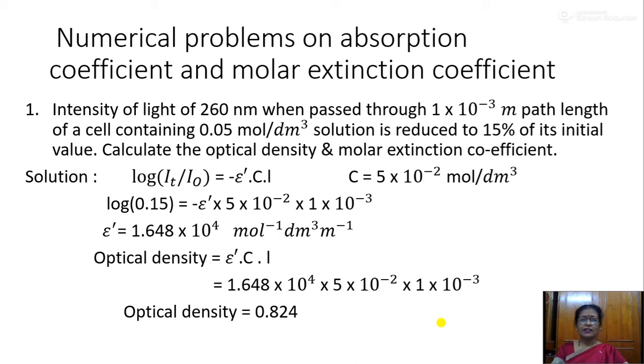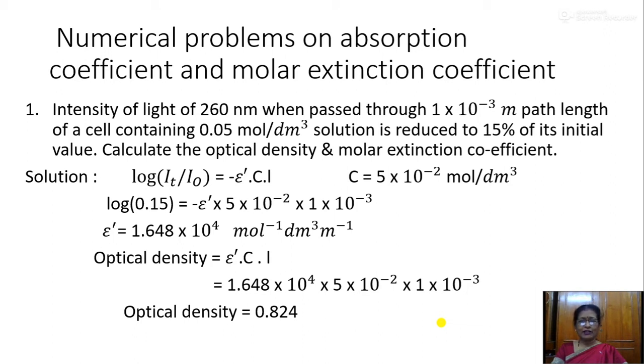For that, the solution is log I_T over I naught is equal to minus epsilon dash C l. C is the concentration. It is given 5 into 10 to the power minus 2 mole per dm cube. Now, I_T by I naught is 0.15.